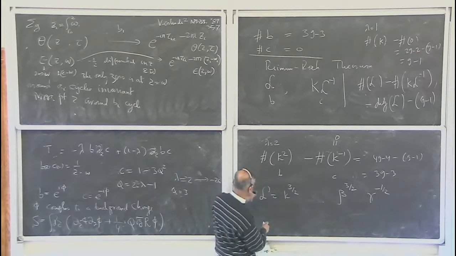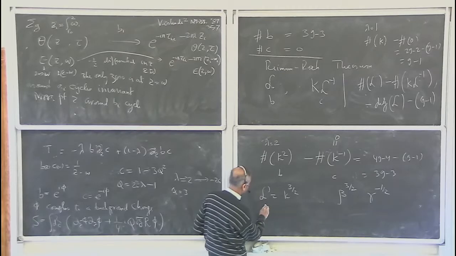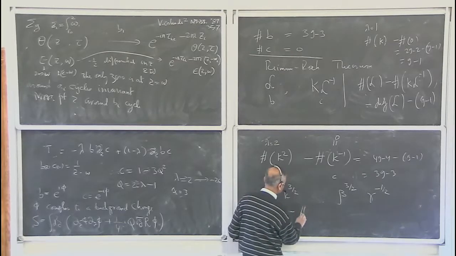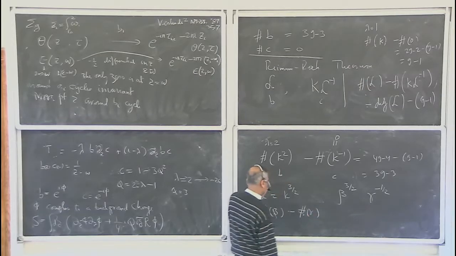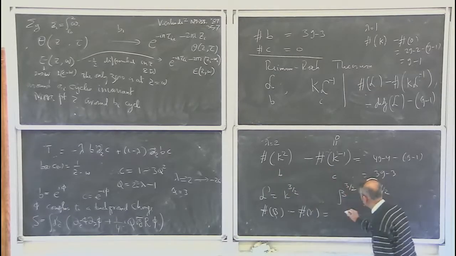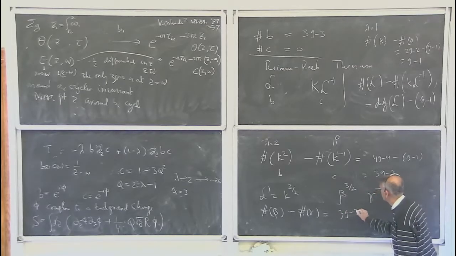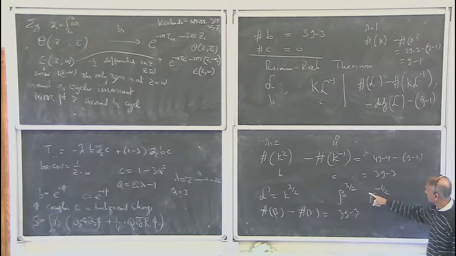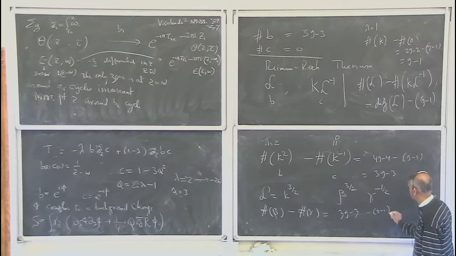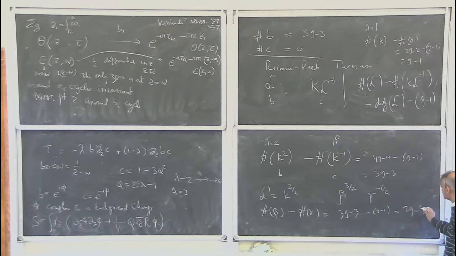So then I will get here the number of beta zero modes minus the number of gamma zero modes is equal to, so now you get 3G minus 3, because 3 half times the canonical bundle, so the degree is 3G minus 3 minus G minus 1, and that's 2G minus 2. So there are 2G minus 2 zero modes, right?